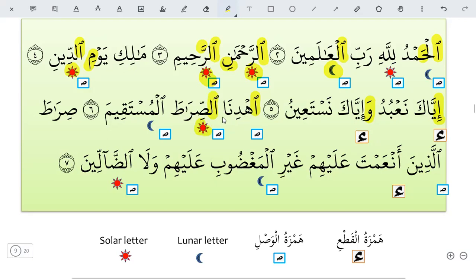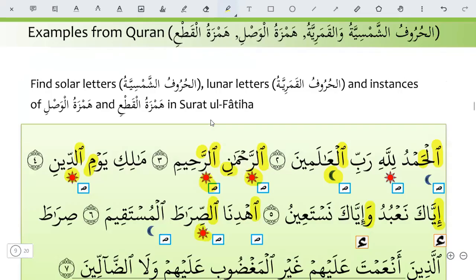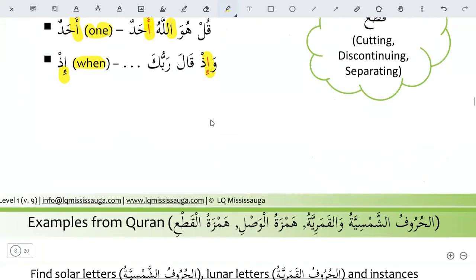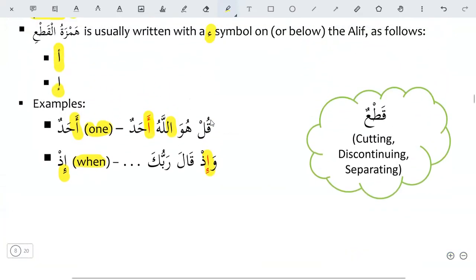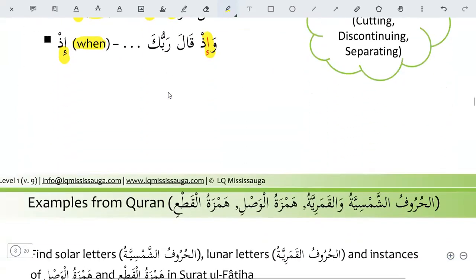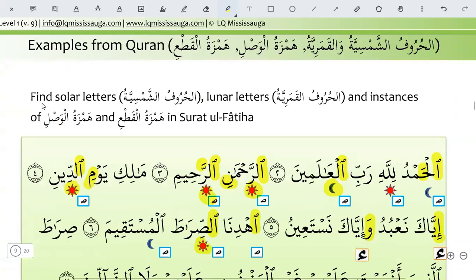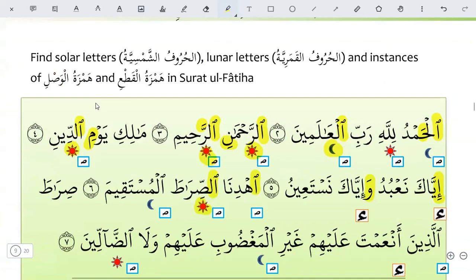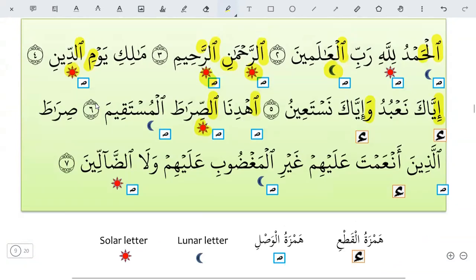Because just now we have learned. Ihdinas-siratal mustaqim. Mim is a moon letter, because this is a moon letter, there is no shadda.